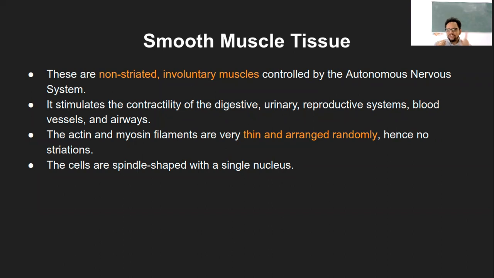Secondly, during ejaculation, when the sperms are ejaculated out of the male body through the penis, the muscles at the base of the urethra contract, and the semen is ejaculated outside the body. So that's where contractility works in the male as well as in the female.